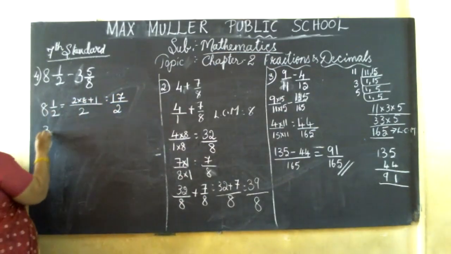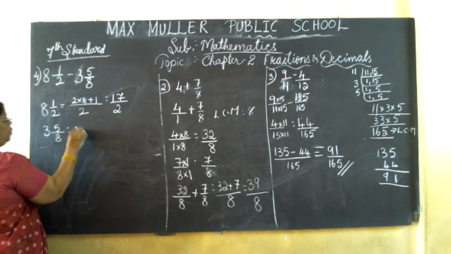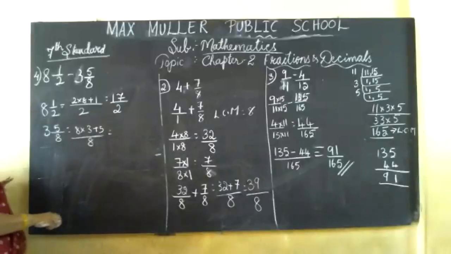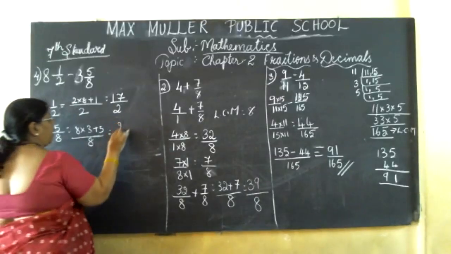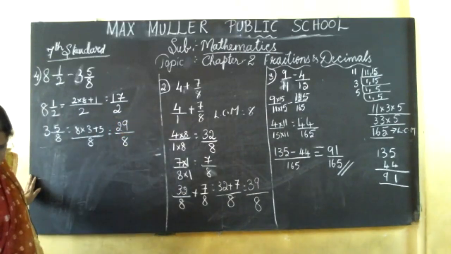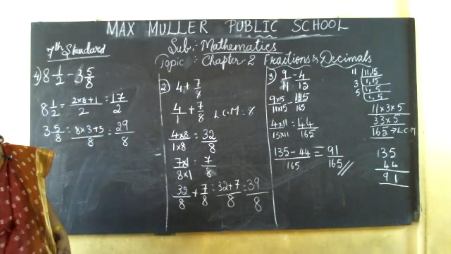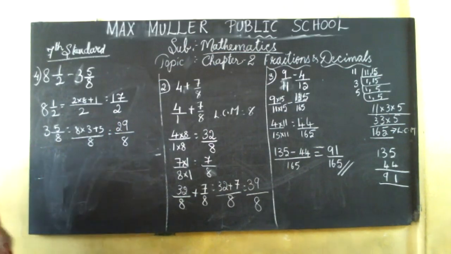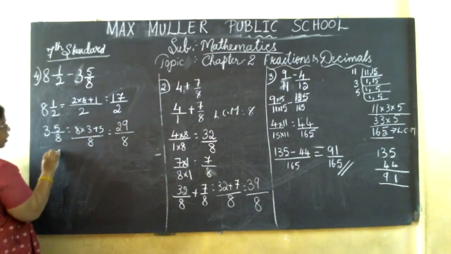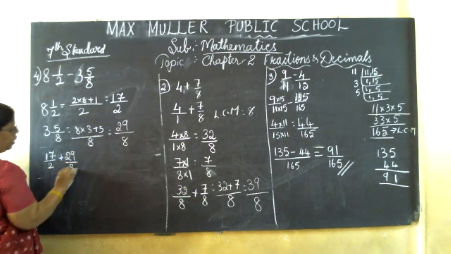Then 3, 5 by 8 is equal to 8 into 3 plus 5 by 8. 8 threes are 24, 29. 29 by 8. So 17 by 2 minus 29 by 8.